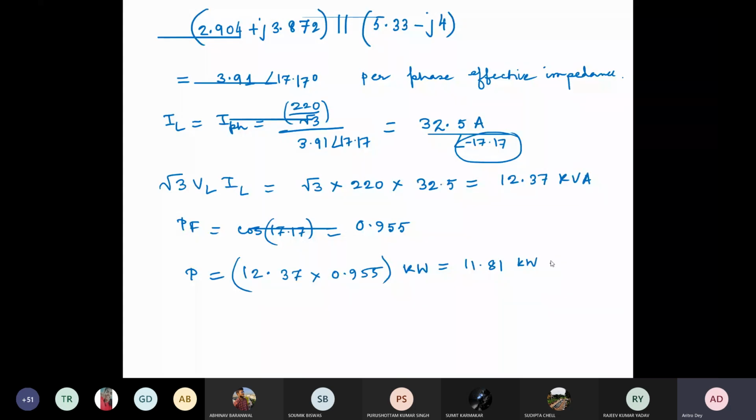So if that is done, then let us now quickly go through the part which is about the power measurement using wattmeter.